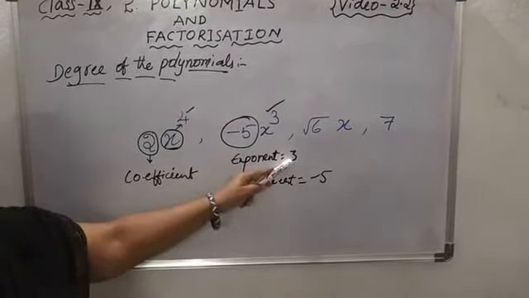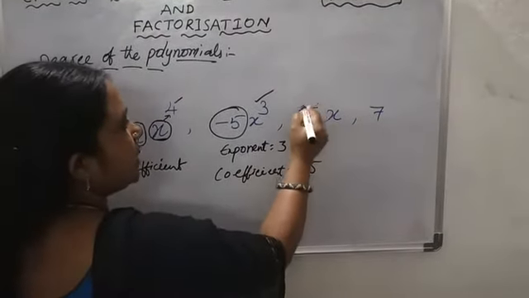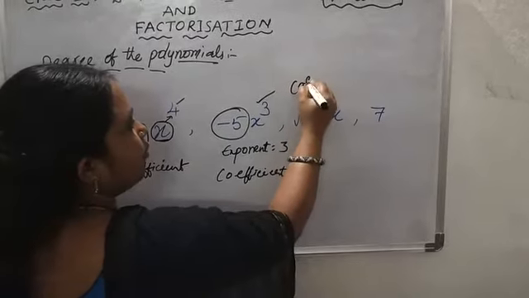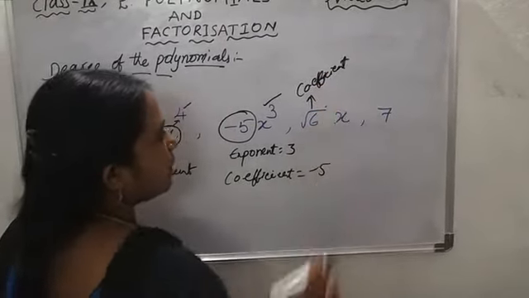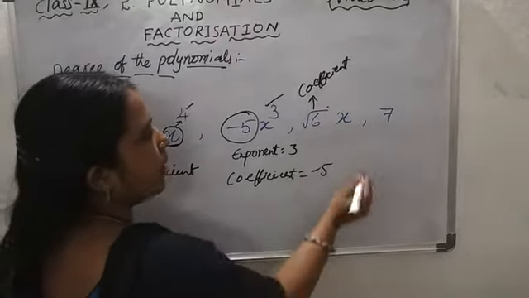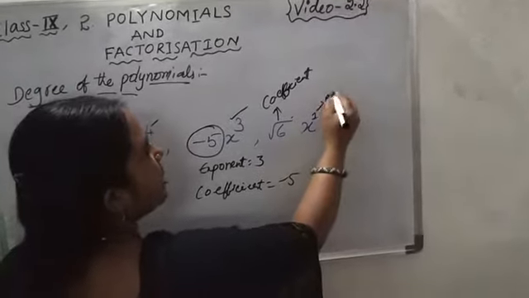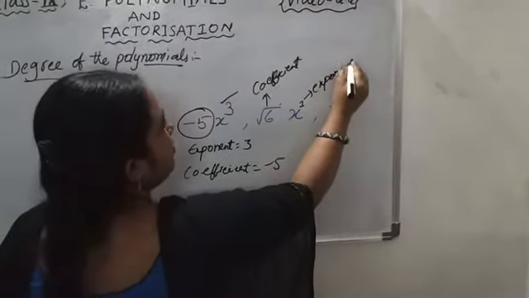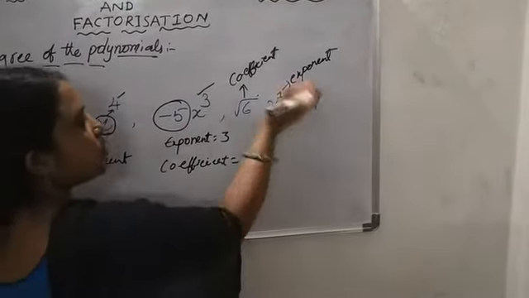But the exponent is always a non-negative integer only. Here in this example, root 2 is the coefficient, and observe the exponent. There is no value. No value means we can always take it as 1. So the exponent is 1. Now coming to the last one, 7. Here there is no variable.